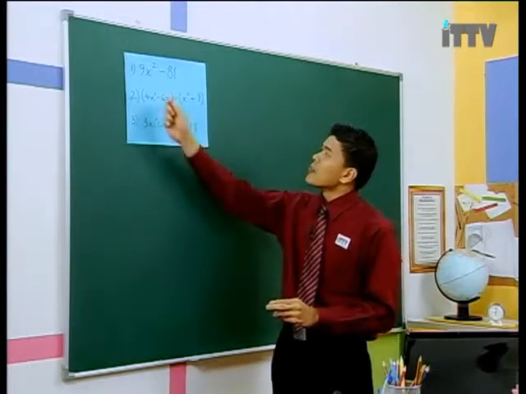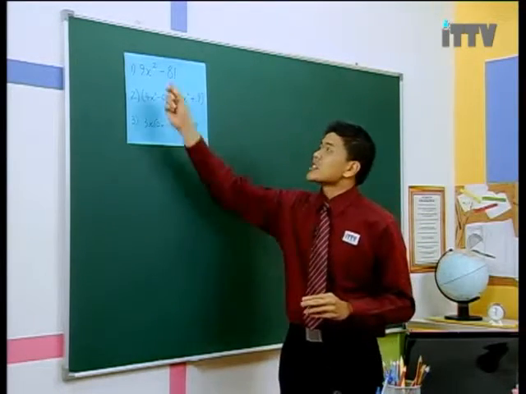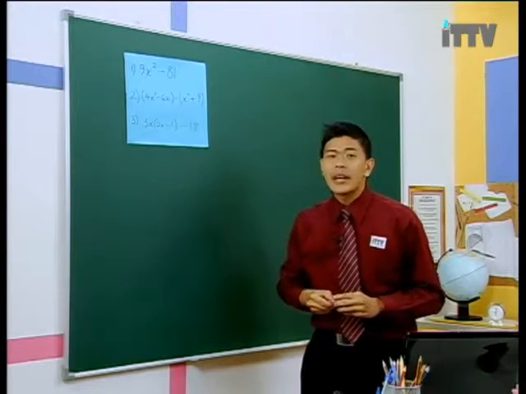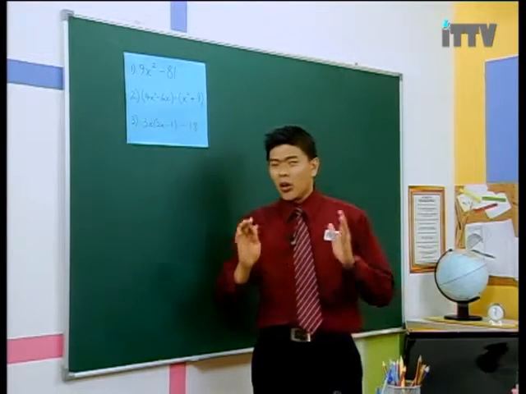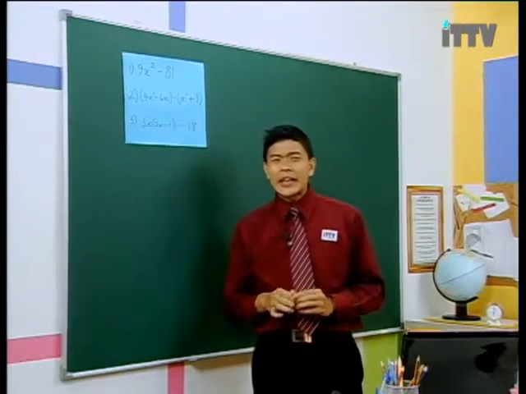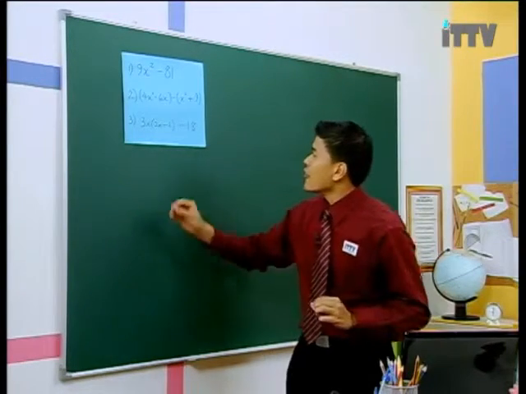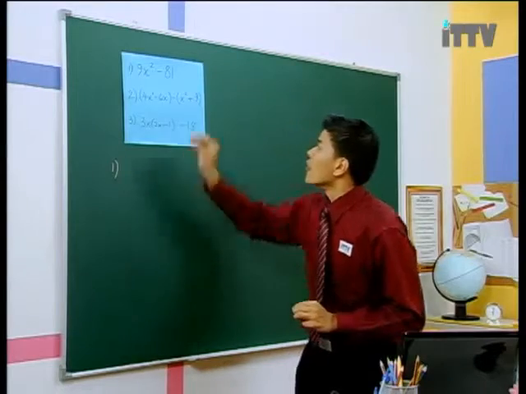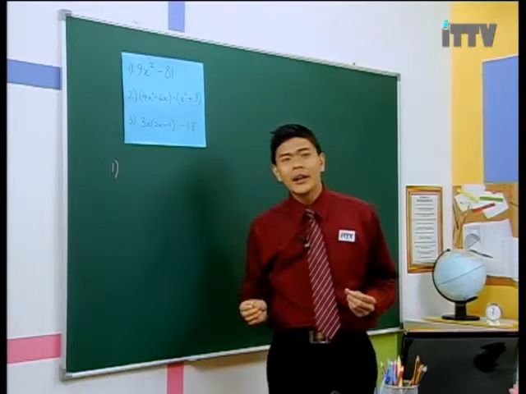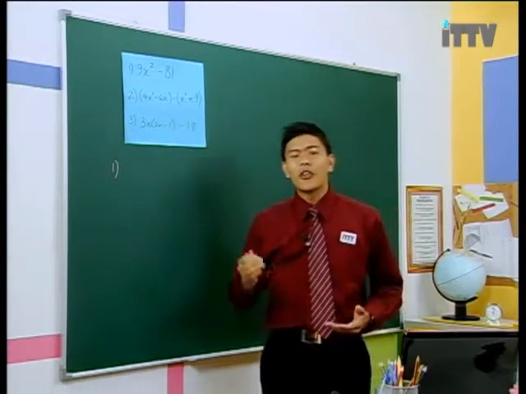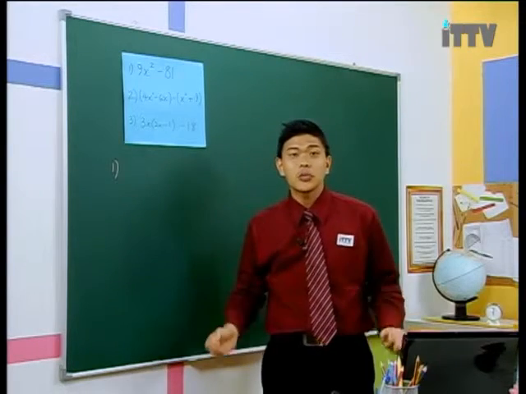Alright, look at number 1. The expression 9x² - 81. Immediately if you identify a common factor, take it out. For 9x² - 81, the common factor for 9 and 81 happens to be 9.